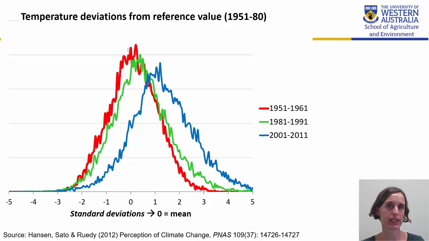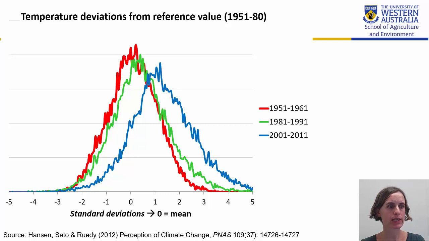So what are you seeing here? What is this graph telling you about the average temperature? Well, first of all, you can see that the average temperature is moving to the right, which means that the temperature is increasing for those decades.